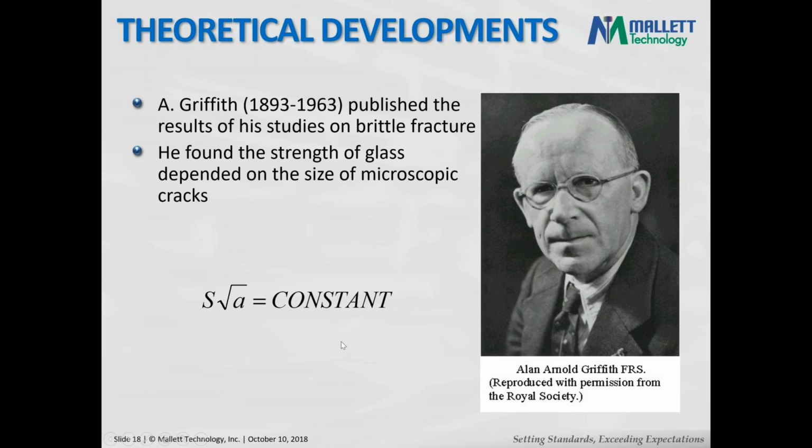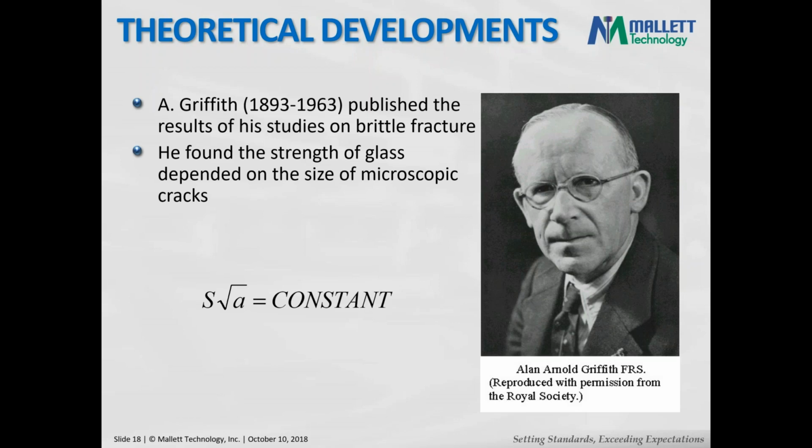So this was a significant finding back in the 1920s, but it was not really put to use until the 1950s and 1960s. What happened in the 1950s and 60s is that right after the war, there were a lot of developments in aeronautical engineering and aerospace engineering.